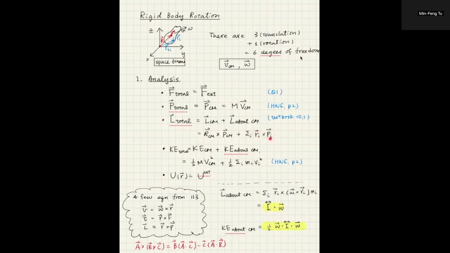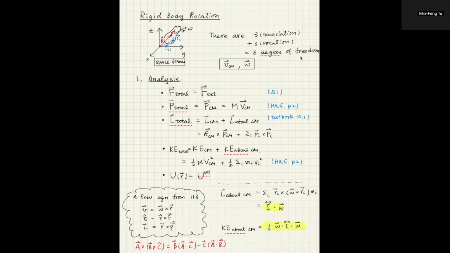The P is mv, so I can break this down to m times v. So this is really R cross v with the m, which is a constant. And that v can be rewritten as omega cross r. So if I rewrite this equation, I'll get that. And you can prove that this can be written as this.